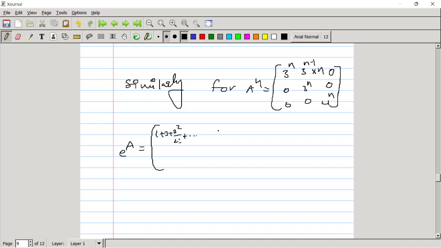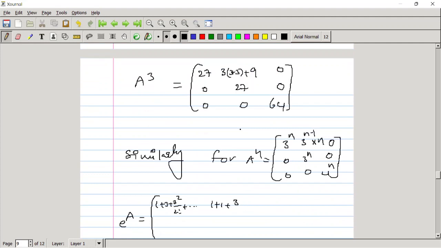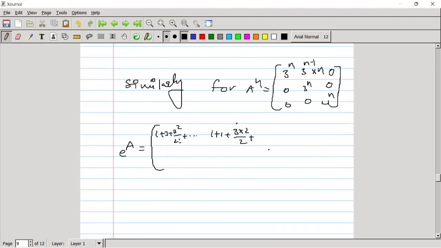And the second element: 1 for the matrix A, 3 plus 3 for A square, which is 3 into 2 divided by 2, plus for A cube we get 3 square into 3 divided by 3 factorial, and so on.